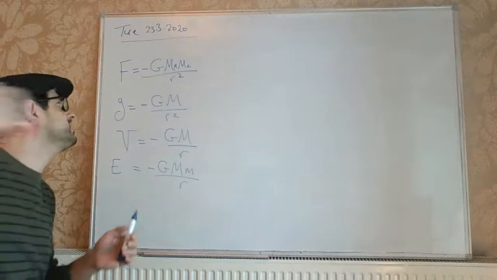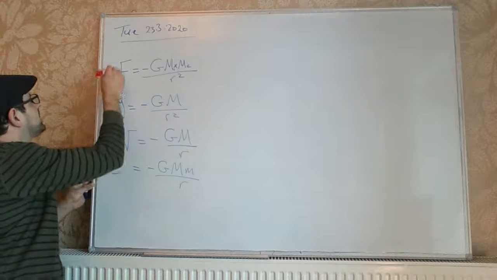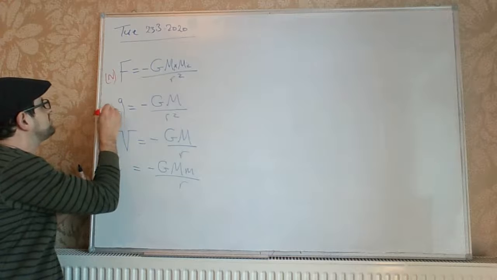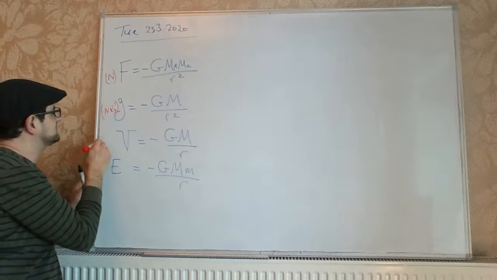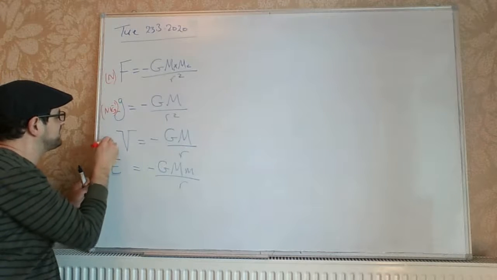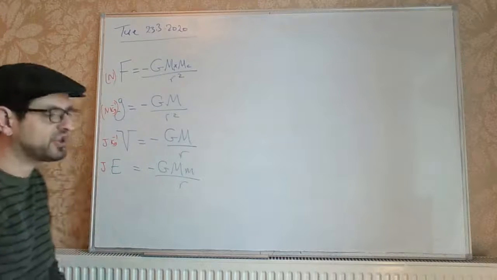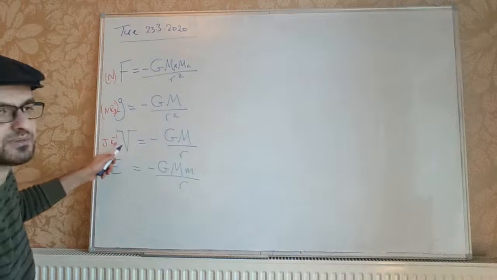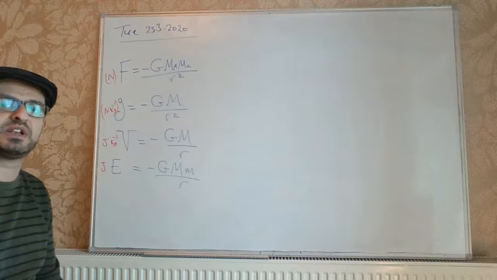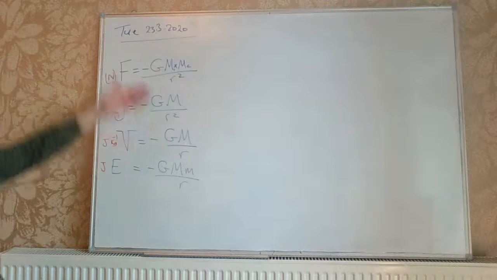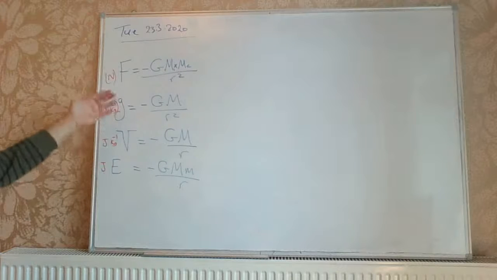Of course, this is a Newton force. This is a Newton per kilogram field. This is joule per kilogram potential. And this is gravitational potential energy. Now you can check the relation between these.